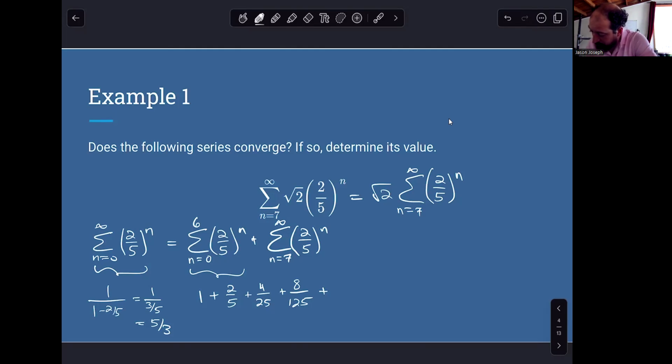We need to get up to 6. So that's 4, 5, 6. And I'm just going to start writing 5 to the 4th, 5 to the 5th, 5 to the 6th, because those are getting to be pretty big numbers. All right, great. I'm going to just get a decimal for that real quick.